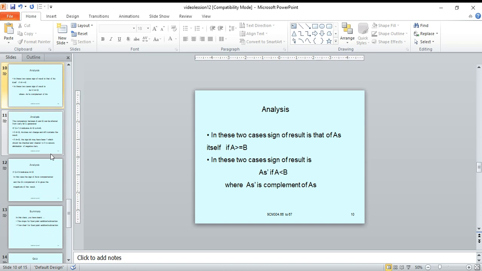In these two cases, the sign of the result is that of AS itself if A is greater than or equal to B. And in these cases, the sign of the result is A's complement if A is greater than B. Here, A is the complement of AS.